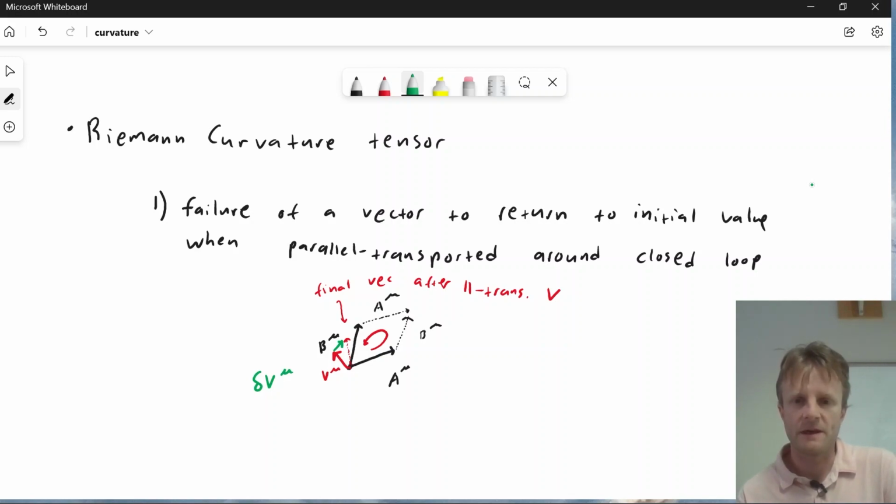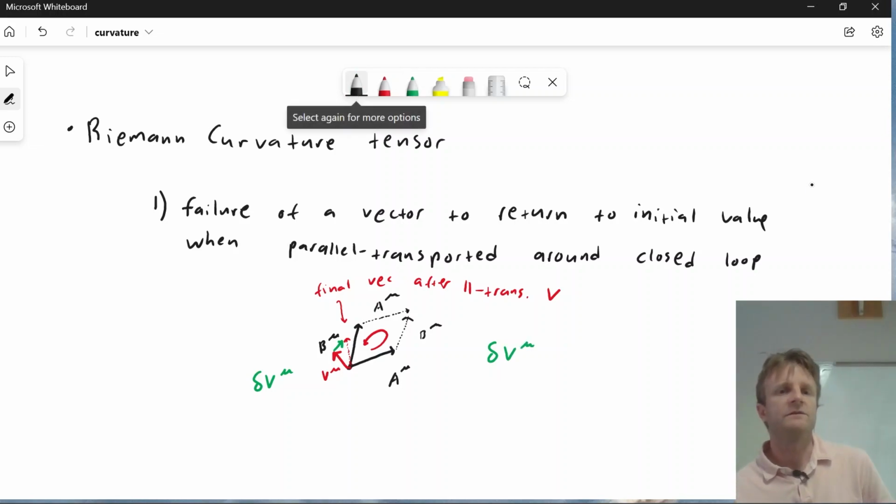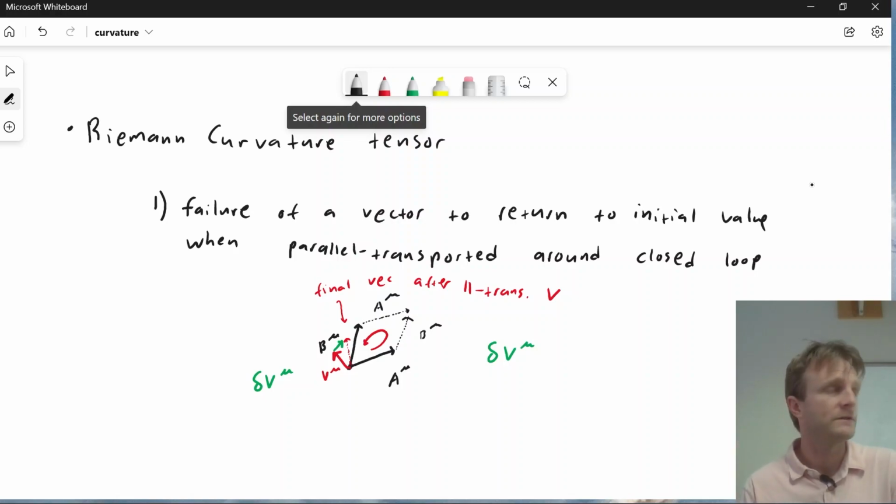And then the formula, delta V mu, is going to be linear in all these things because we're going to keep to leading non-trivial order as the loop gets smaller. And so the small change delta V for an arbitrarily small loop is going to be a linear map.